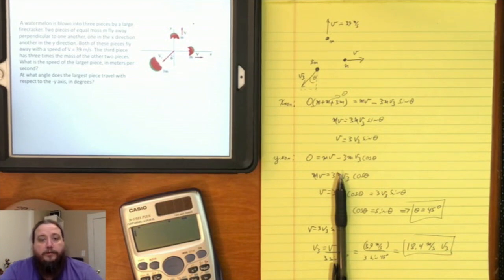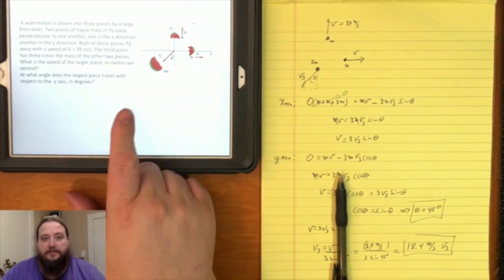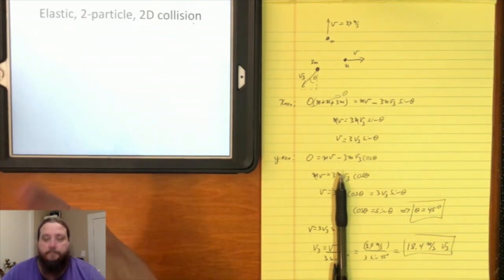All right, so we've looked at perfect inelastic collisions. We've looked at non-perfect inelastic collisions in multiple dimensions. What does an elastic collision look like in multiple dimensions? And the answer is, well, it can be a bit ugly.